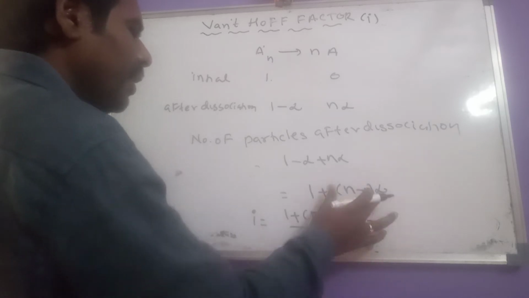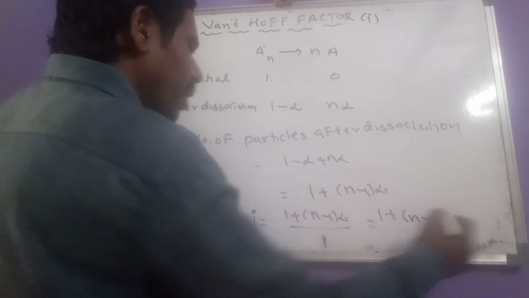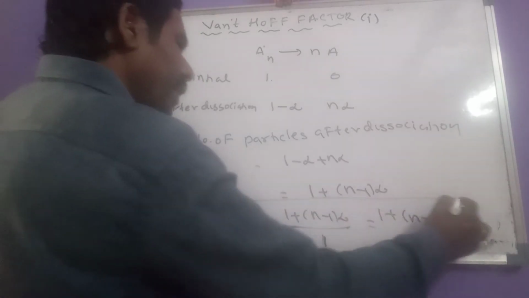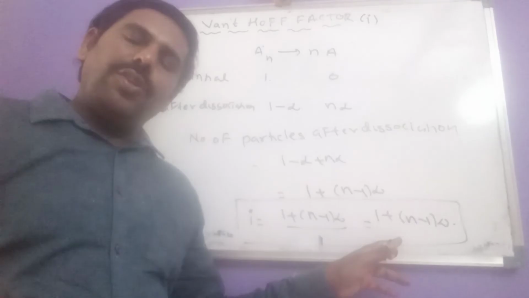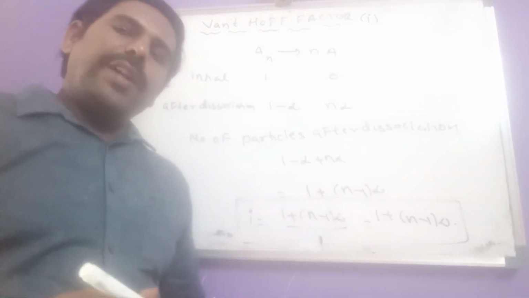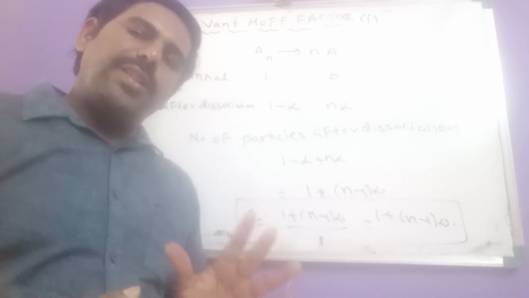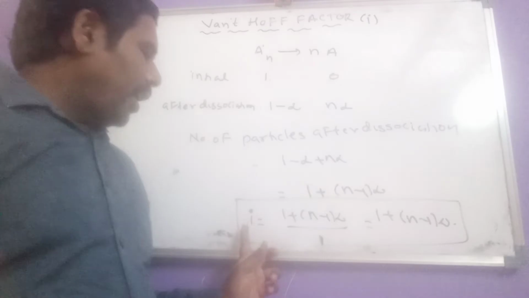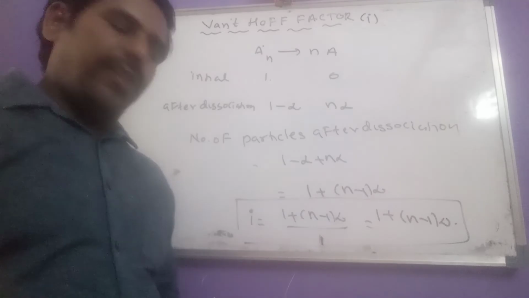That's why I have taken this as 1 plus N minus 1 into alpha. This is the I value calculation. This is the equation to calculate the I value for electrolytes which undergo partial dissociation. So I equals 1 plus N minus 1 into alpha.